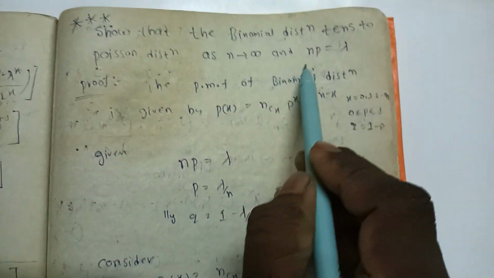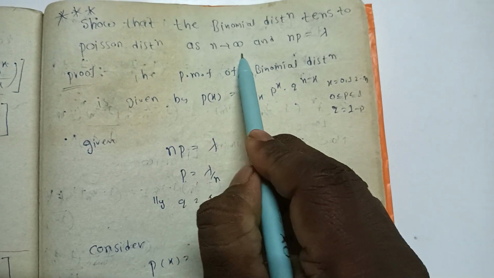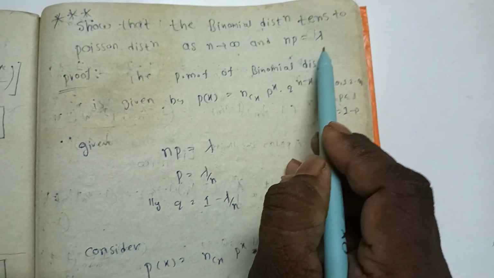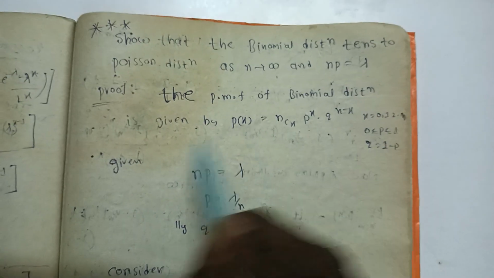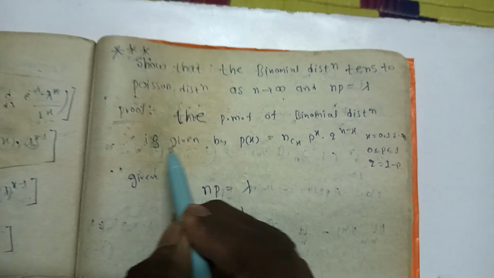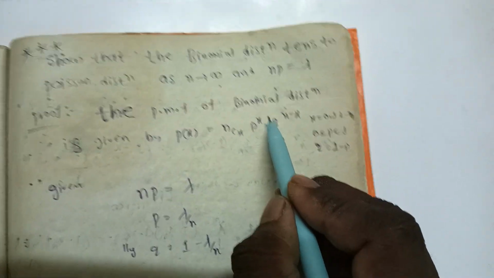Show that the binomial distribution tends to the Poisson distribution as n tends to infinity and np equals lambda. The PMF of the Poisson distribution is given by P of x equals to, sorry, this is the binomial distribution.